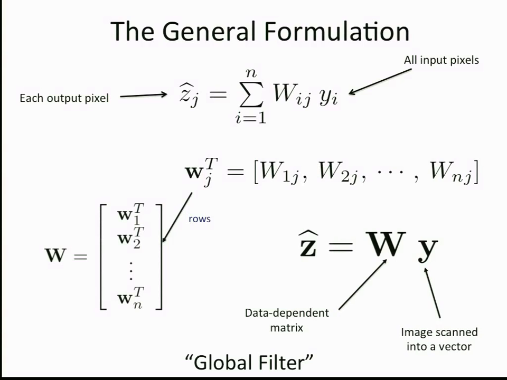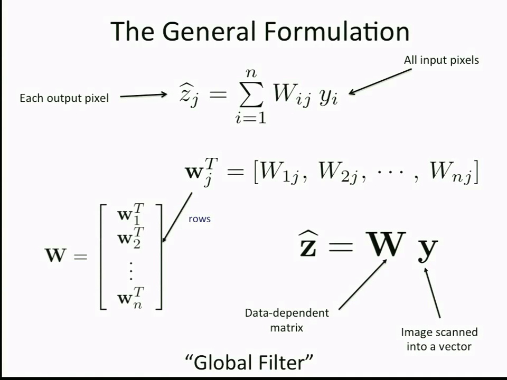Okay, so y is the input image scanned into a really giant vector, and z-hat is the output image, again, scanned in the same way into a giant vector. And the matrix W, which is data dependent in general, gives you what I call a global filter, a global description of the input-output for my black box. Does that make sense?